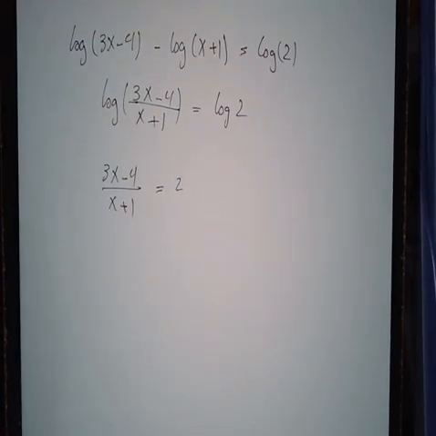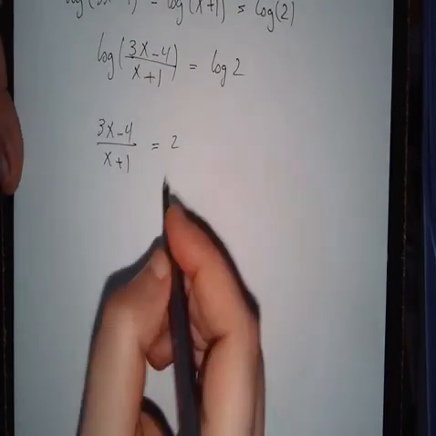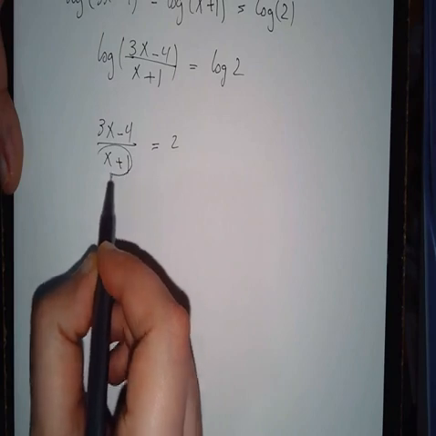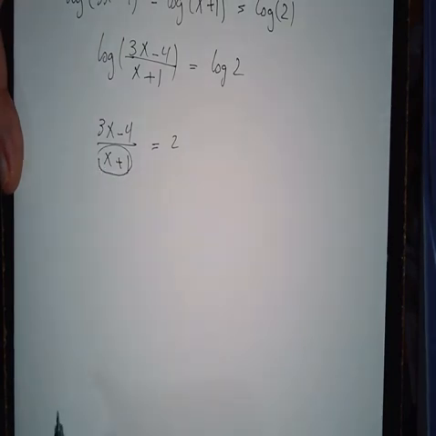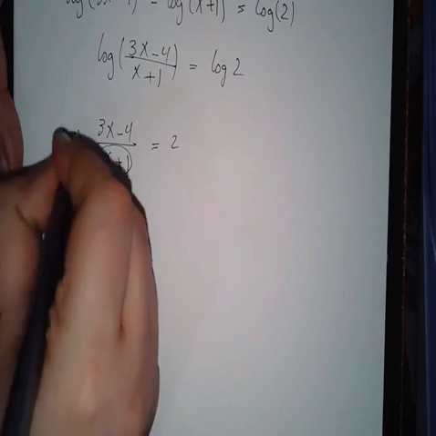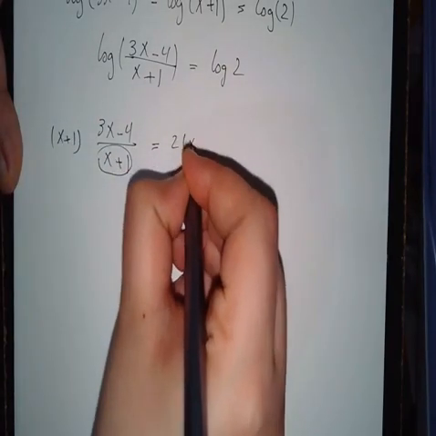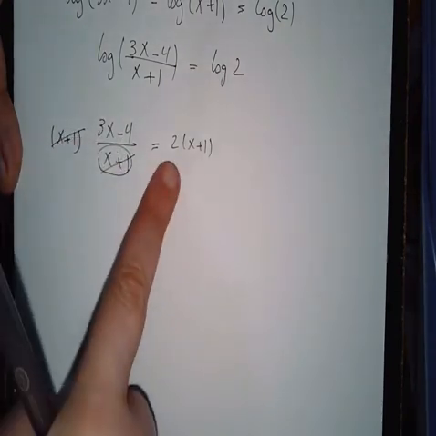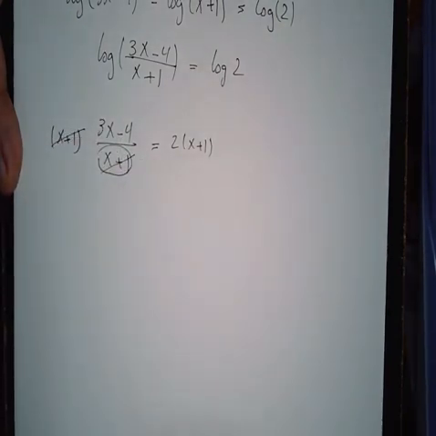Yeah? Now from here, I need to find x. So the easiest way to get rid of the complication I have right here, which is the x plus 1, is to multiply by x plus 1 on both sides. These cancel, and here you have 2 times x plus 1.